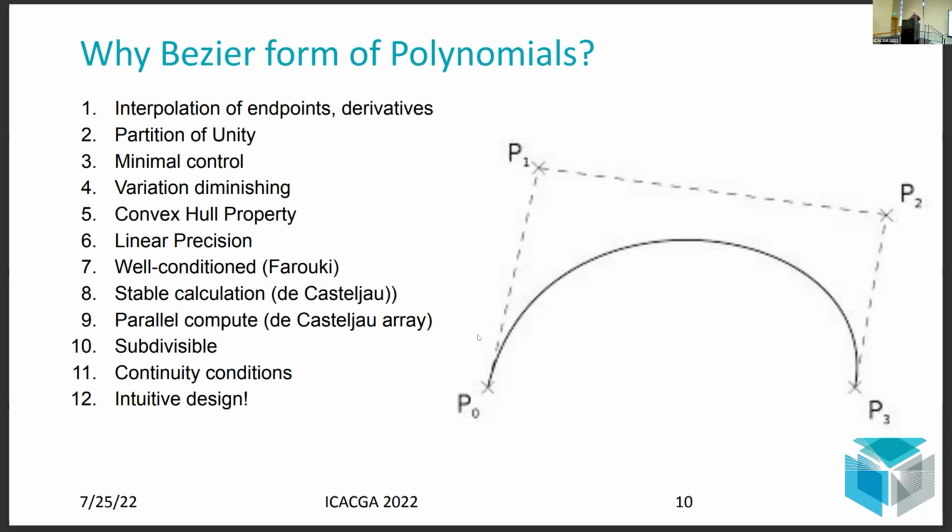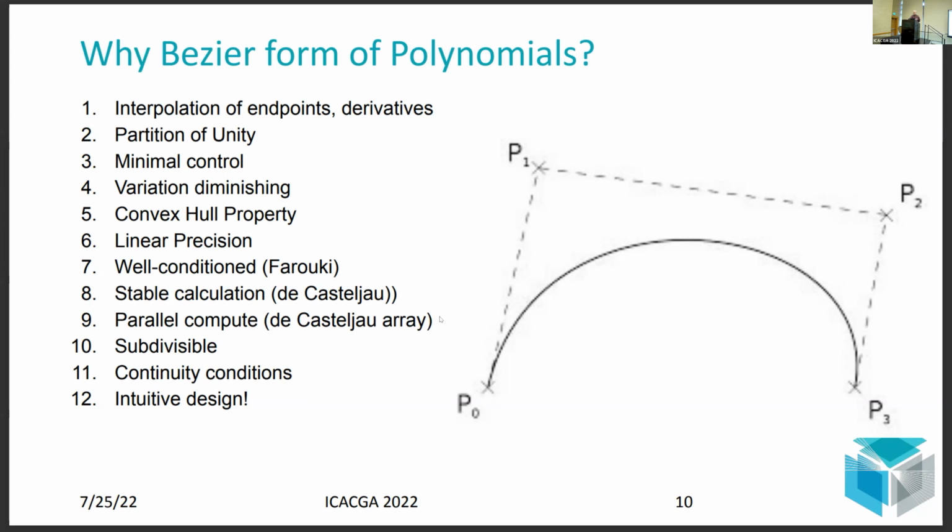It's subdividable. That De Casteljau algorithm actually returns to me the control points for two subdivided Bezier curves. Very important, by the way, for divide and conquer algorithms in computer graphics. It's easy to make continuity by matching control legs across two different Bezier polygons. And like I say, it's intuitive.